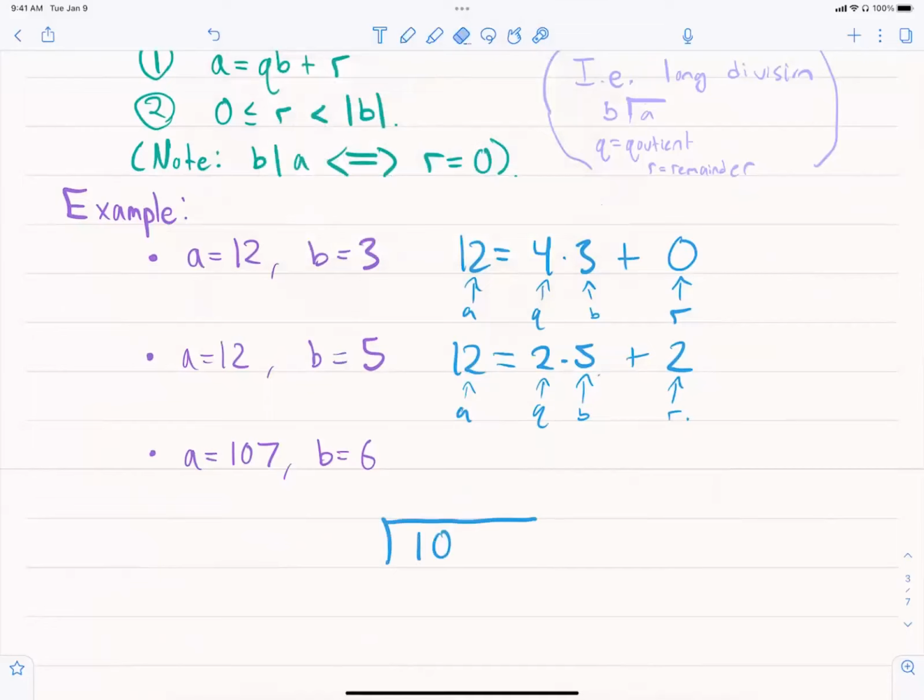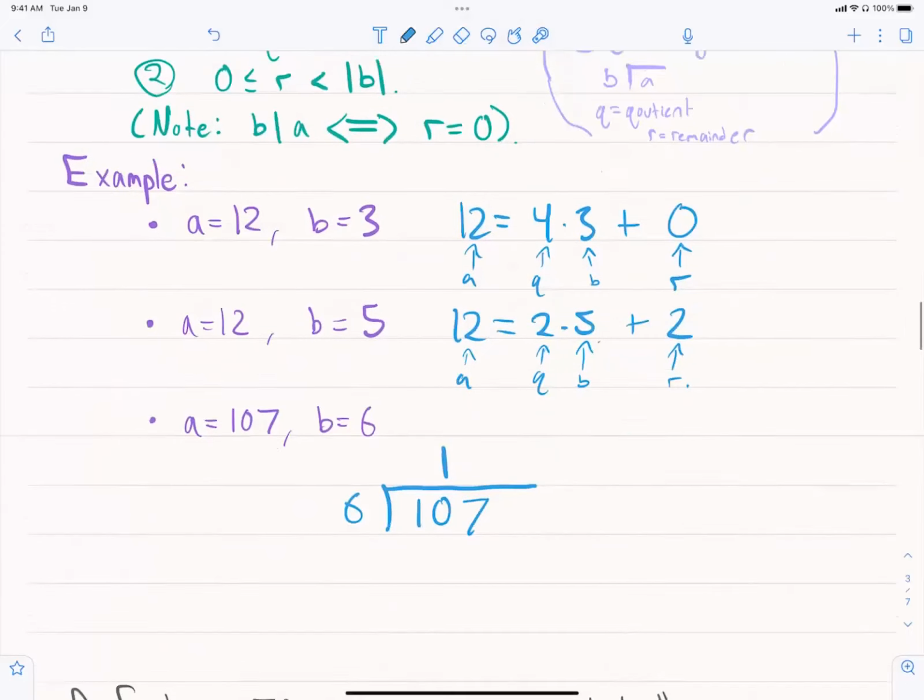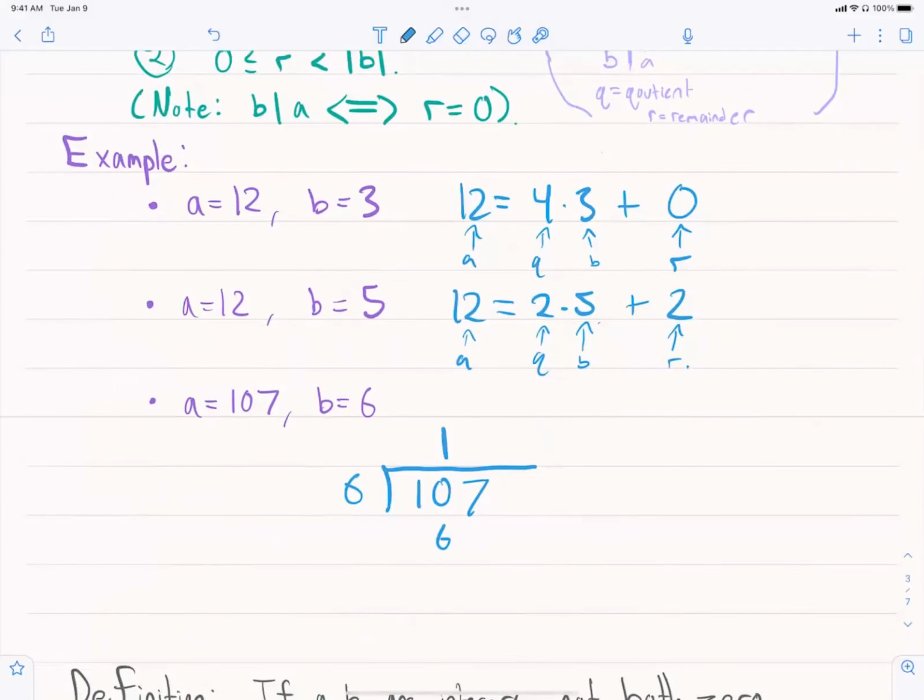So I'm trying to divide 107 by 6. First I put a 1 up here and I get a 6 below my 10. I subtract that off, and I get 47. Then 7 times 6 is 42.